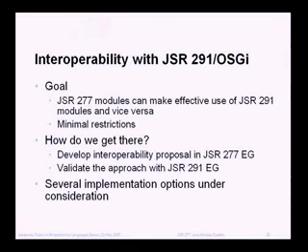However, the design and the constraints in JSR 277, the Java module system, as well as JSR 291, the OSGi module system, are different. So what we are trying to achieve here is not perfect interoperability, but we would like to achieve a degree of interoperability with minimum restrictions.